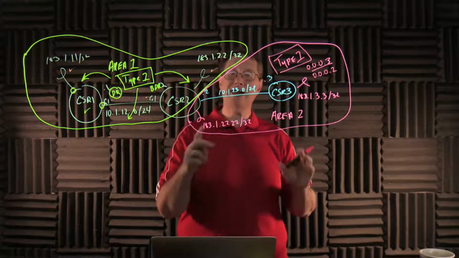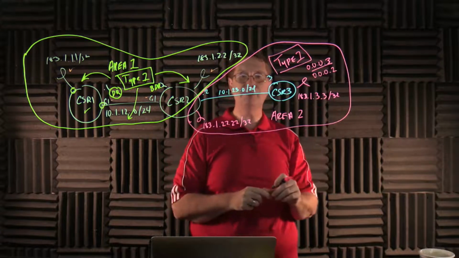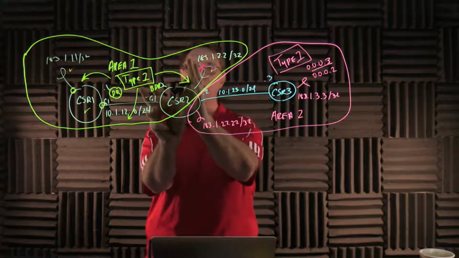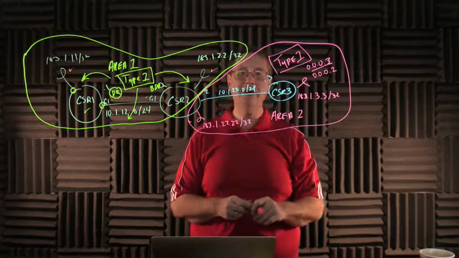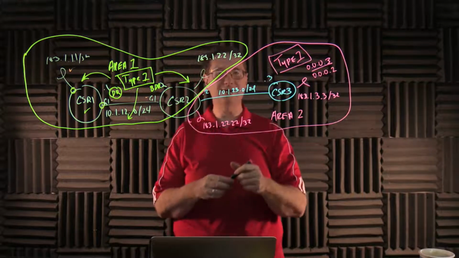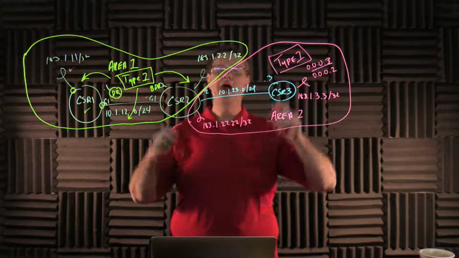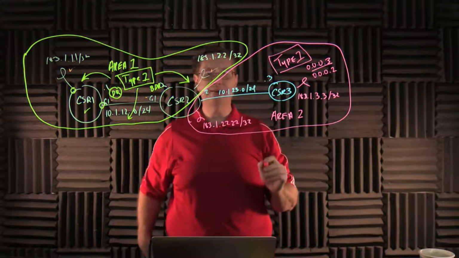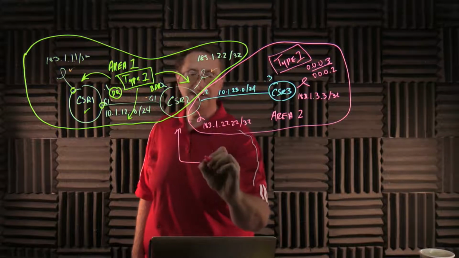So it's going to create type 1 LSAs for area 2 and flood those into area 2. It's going to create type 1 LSAs for area 1 and flood them into area 1. And what we're going to find here is from R2's perspective, I have everything that I need to be able to build a routing information base, all because of these type 1 LSAs.